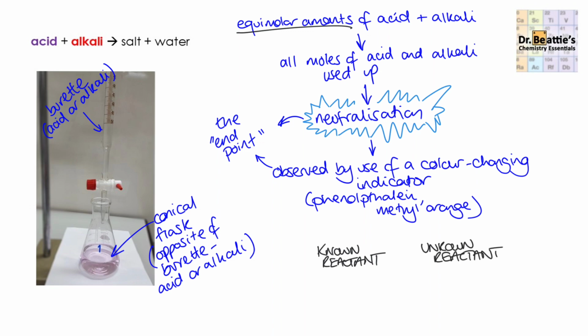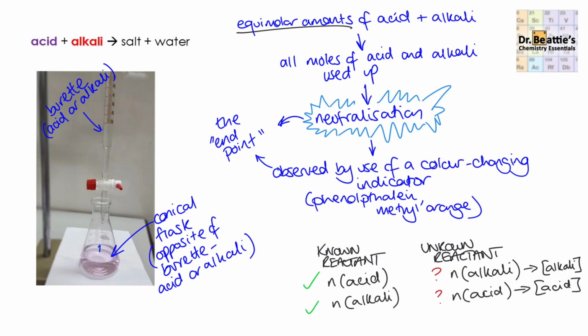For example, if the known reactant is the acid, work out the number of moles of the acid, so we can work out the number of moles of the alkali and use that to work out other useful stuff like the concentration of the alkali, shown in square brackets for concentration. And vice versa. If we know some information about the alkali, work out the number of moles of this, then we can work out some information about the number of moles of the acid and therefore the concentration of the acid.